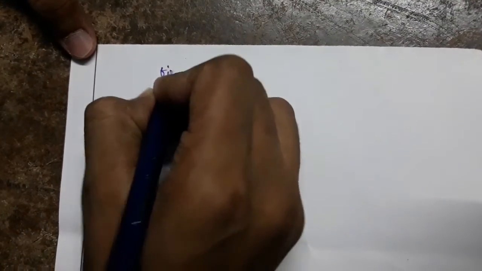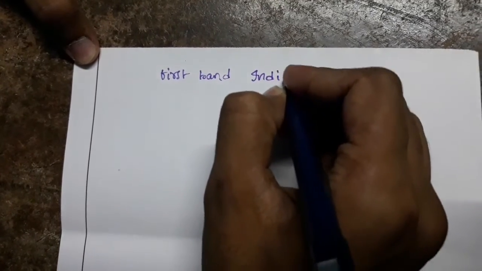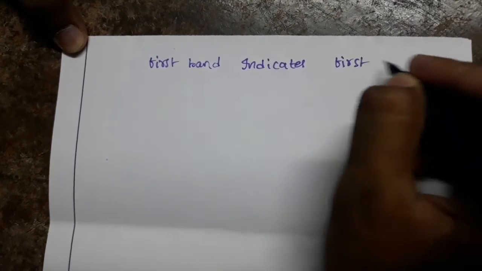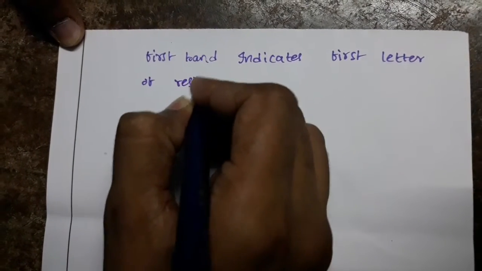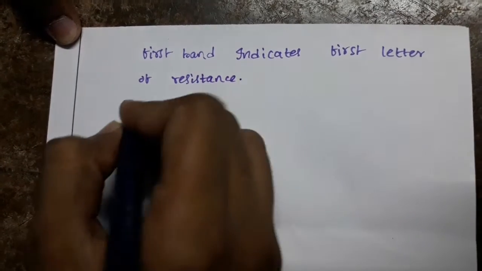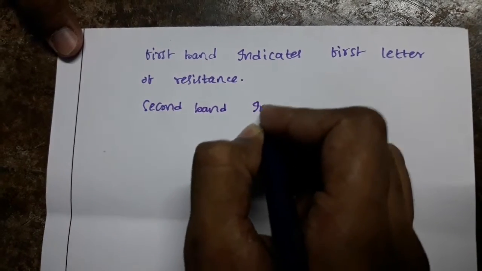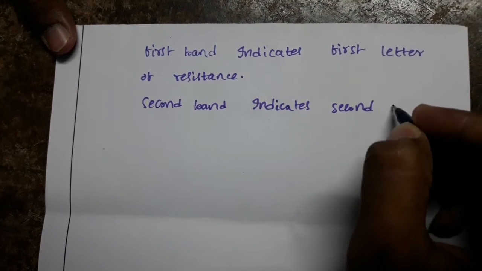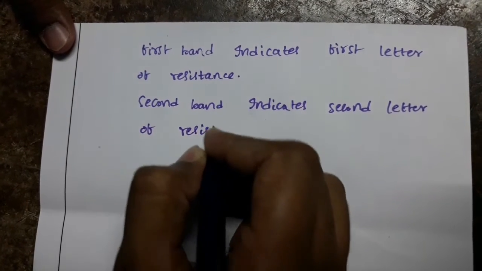Coming to the first band, it indicates the first digit of resistance, whereas the second band indicates the second digit of resistance.